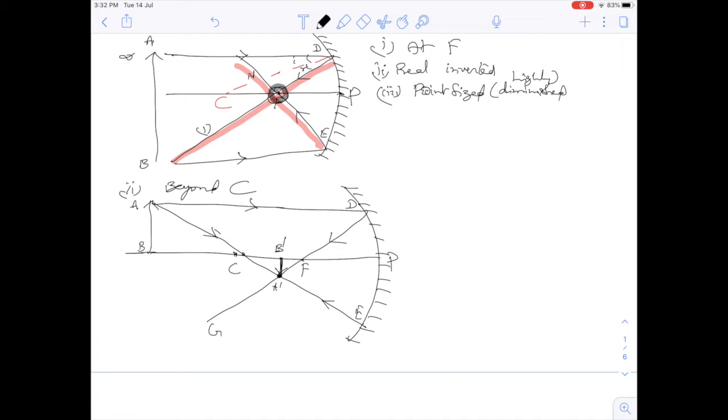So AB is the object beyond C, and A dash B dash is the image. Where is the image formed? The image is formed in between C and F, and it is real and inverted.